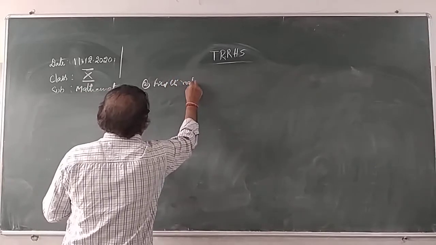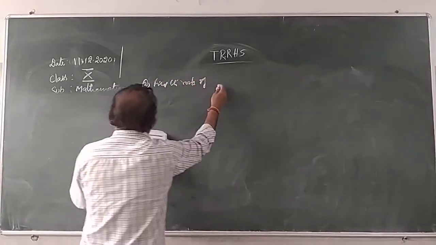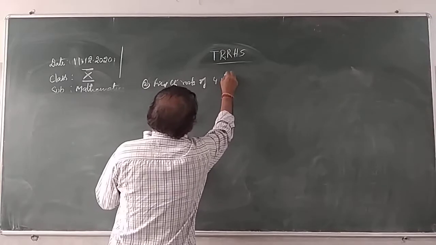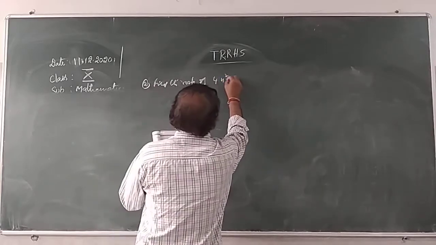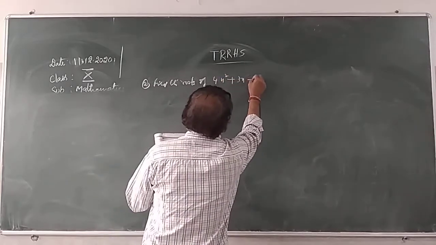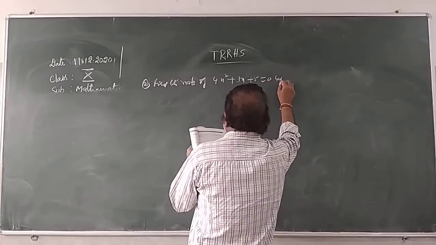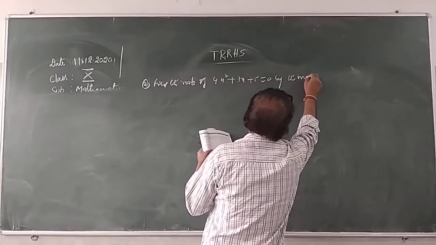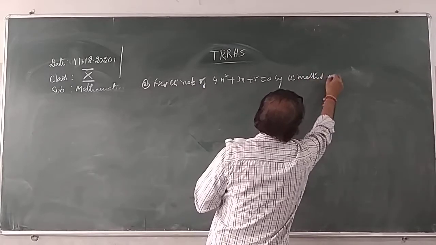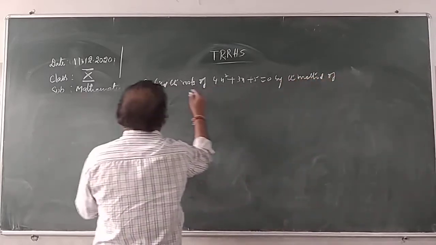Find the roots of 4x square plus 3x plus 5 equal to 0 by the method of completing the square.